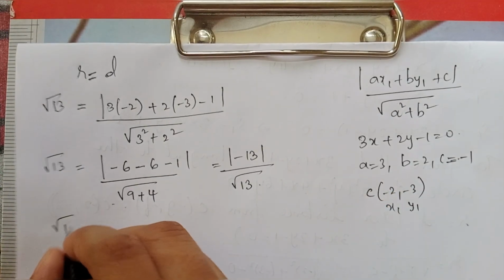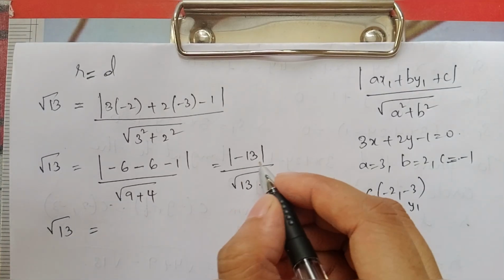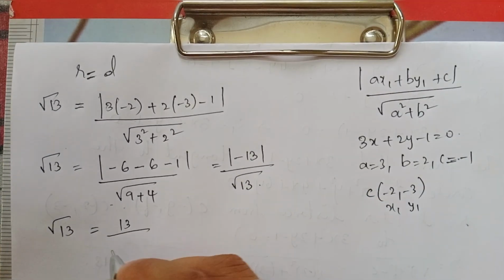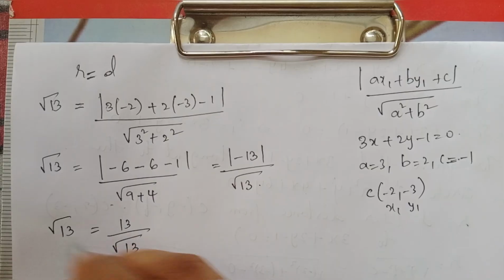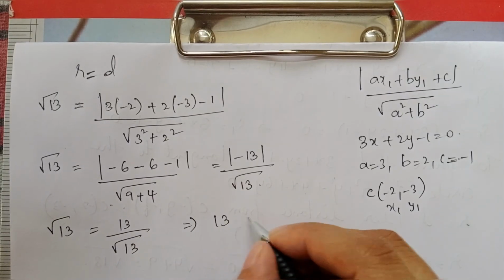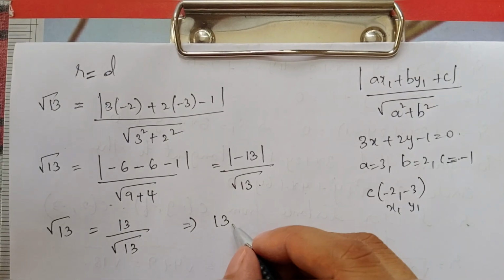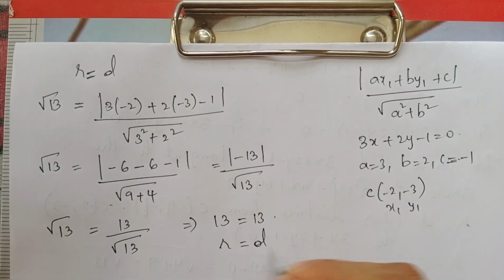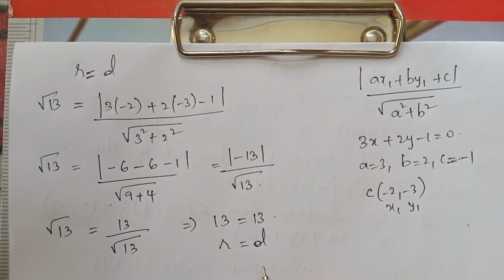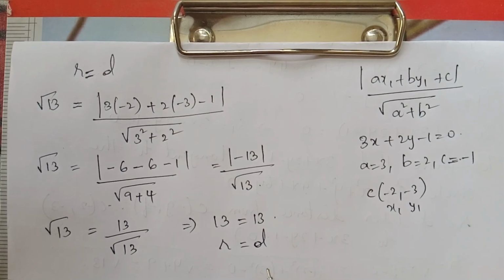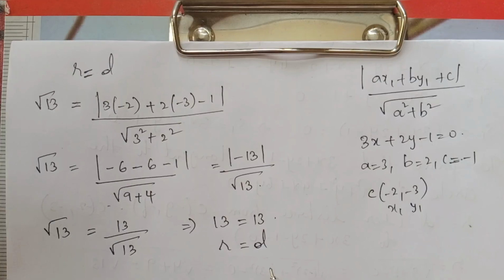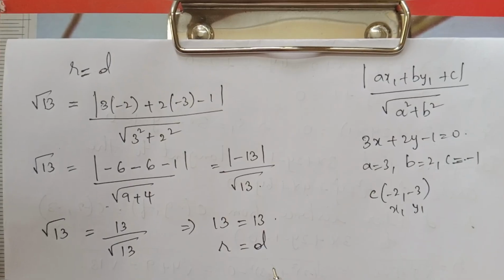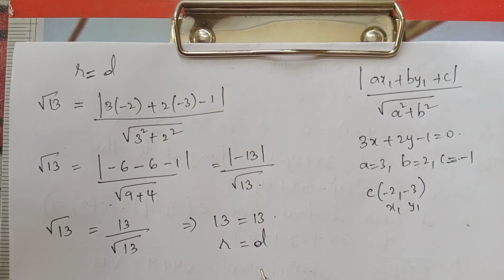So root 13 equals, if we remove the modulus, positive 13 by root 13. If we multiply, root 13 into root 13 is 13, equal to 13. So the value of r is equal to d here. So we have proved that the line is tangent to the circle x² + y² + 4x + 6y = 0. Now we have to find the point of contact, right?